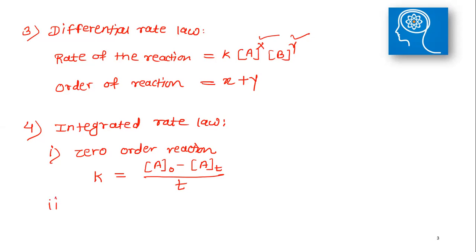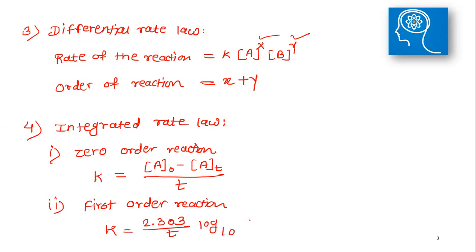Now second is for first order reaction. For first order reaction, the formula is K is equal to 2.303 upon T log to the base 10 of initial concentration, that is concentration of A naught, upon concentration of A, the final concentration.